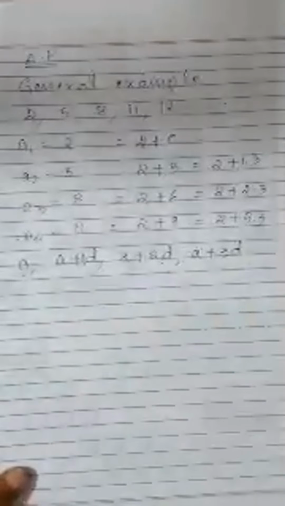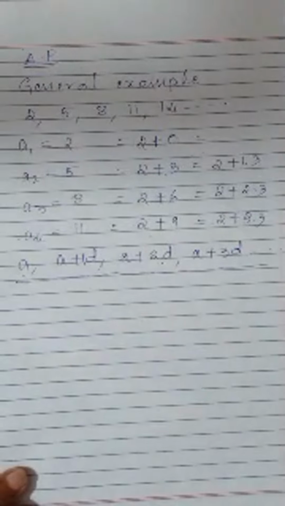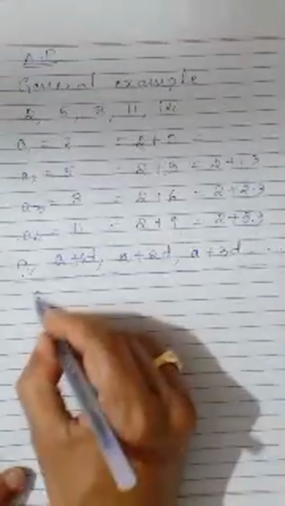Don't forget. With the help of this example only, you can write the general example: A plus D, A plus 2D, A plus 3D. In that way, we get the general example for an arithmetic progression.